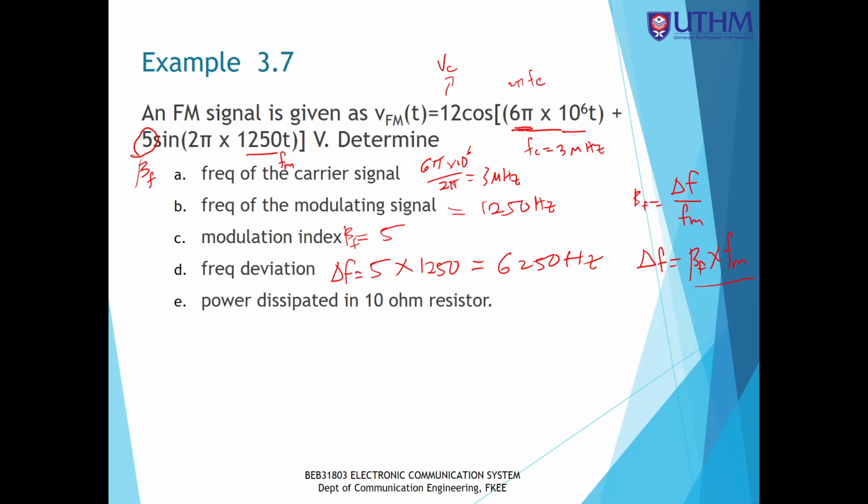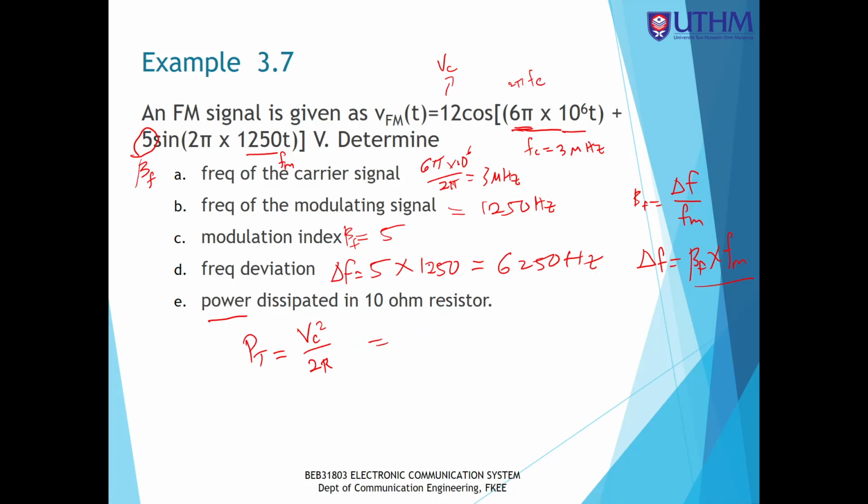Then, find the power dissipated in the 10 ohm resistor. This is about the total power. Remember, total power can be written as Vc squared over 2R, which is equal to Pc.